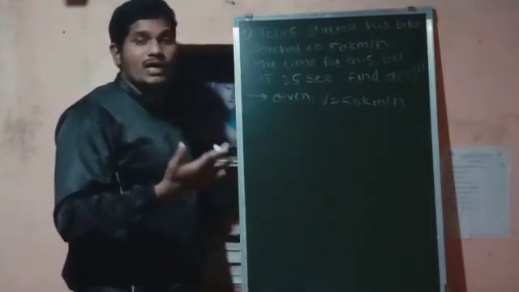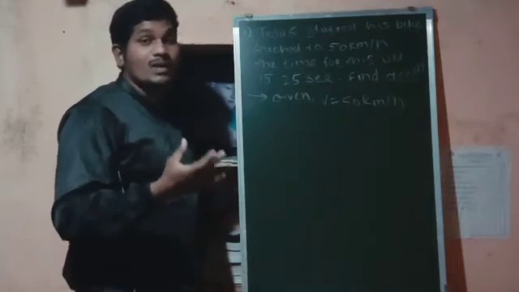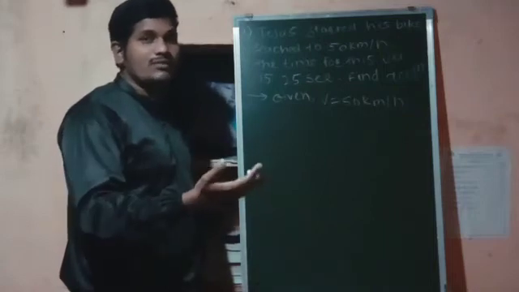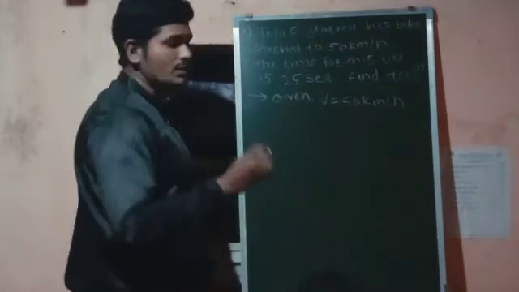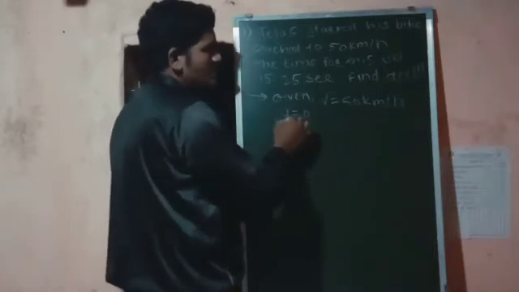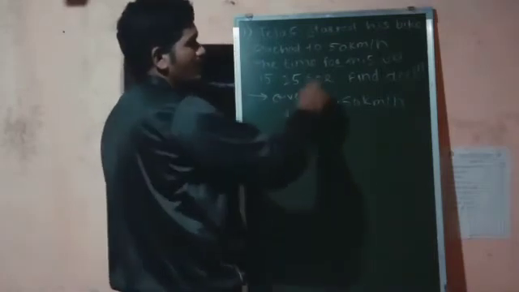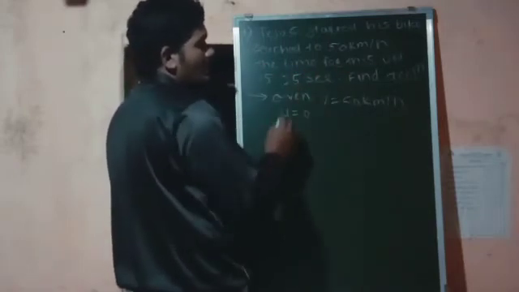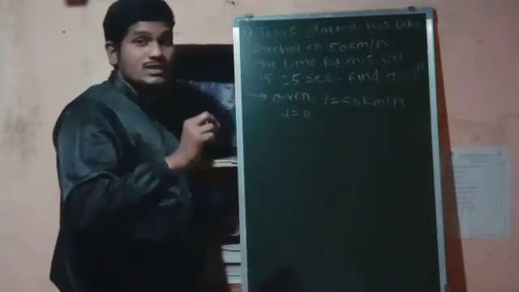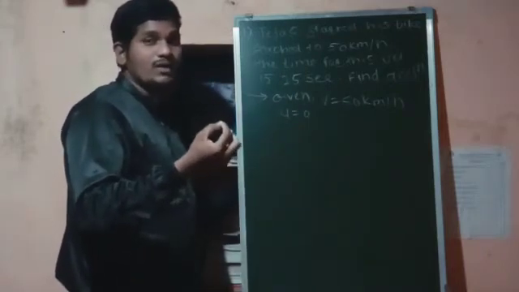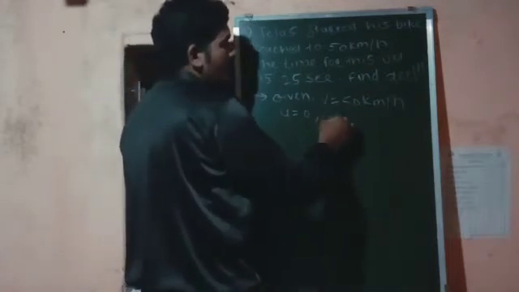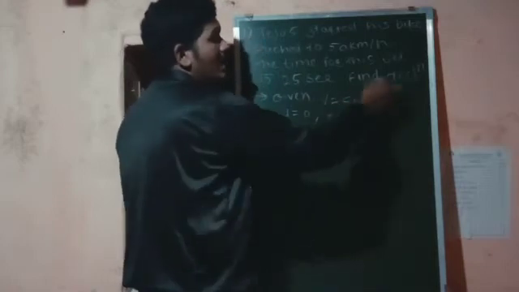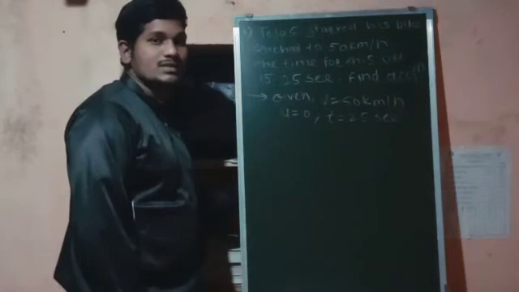As we start our bikes or cars, initially the velocity is 0, then we attain the final velocity. So U will be 0. Next, they have given that the time for this velocity is 25 seconds, meaning the time required from the initial velocity to the final velocity. So T will be 25 seconds. We have to find out the acceleration.